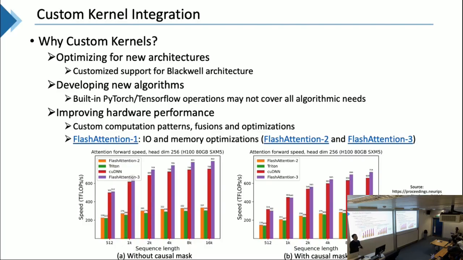And the second scenario is every time when you develop a new algorithm. Let's say you think self-attention is not efficient enough, so you want to propose some new algorithm, for example, Mamba architecture, to improve the performance. It's easy to implement in a high level framework like PyTorch.